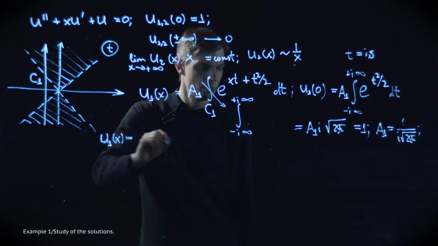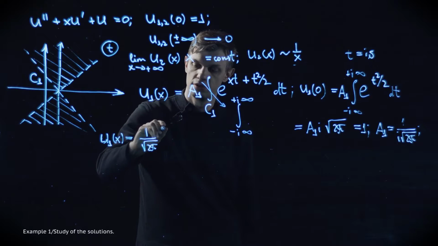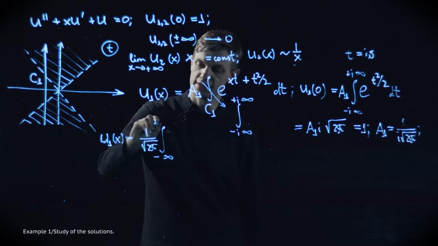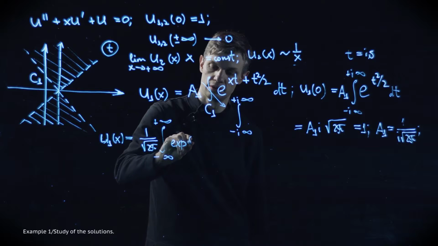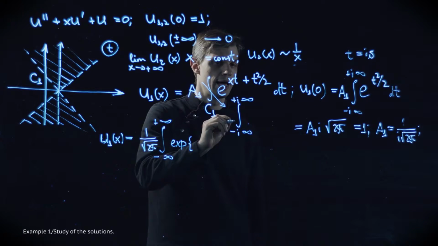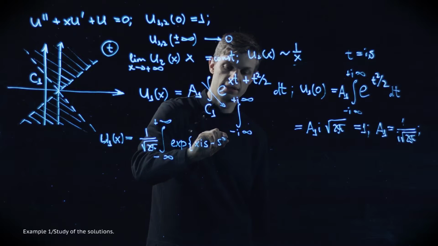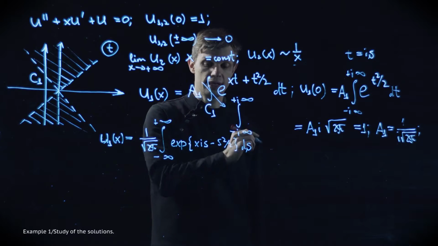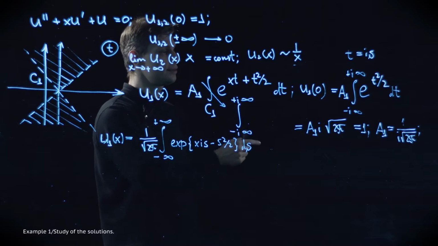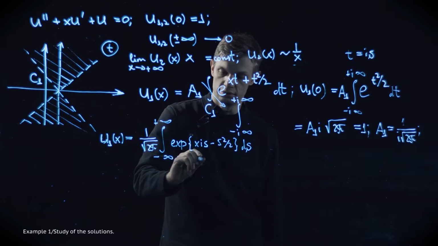So it's 1 over 2 pi, the integral from minus infinity to plus infinity, the exponential function of xi s minus s squared over 2 ds. And this is again a very simple integral. It's a Gaussian integral again, because we can shift the variable of integration. Let's factor out 1/2.